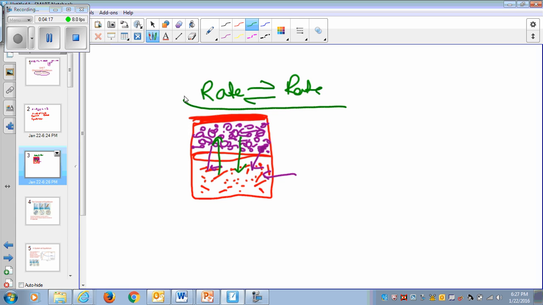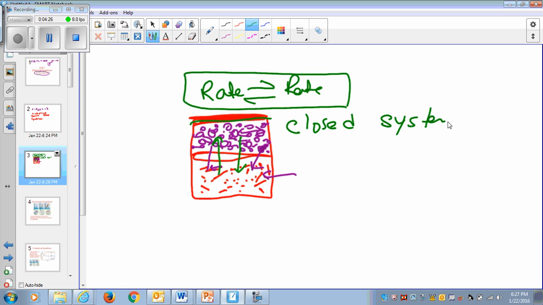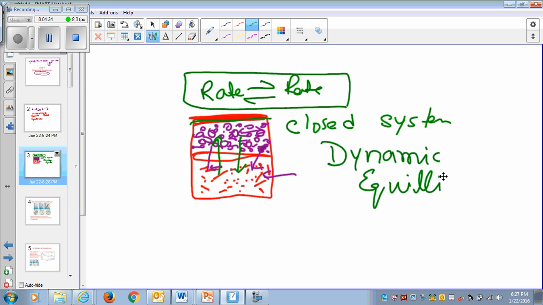And this situation in a closed system is called dynamic equilibrium. Dynamic equilibrium is that the rate of the forward reaction is equal to the rate of the reverse reaction.